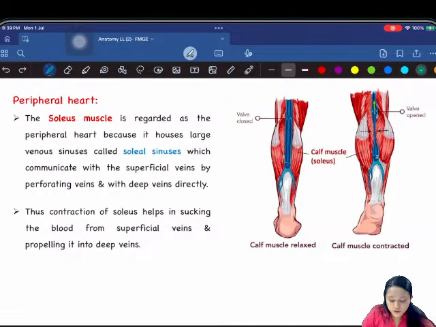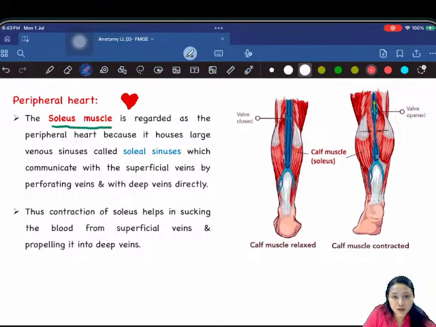Now a question comes on the peripheral heart. So you have a heart in the lower limb, and that is not the main heart, mind you, that is the peripheral heart. The peripheral heart here is the soleus muscle. Sometimes you mark this as gastrocnemius, but it is the soleus muscle. And why is it called a peripheral heart?